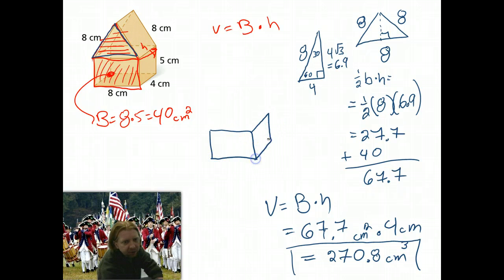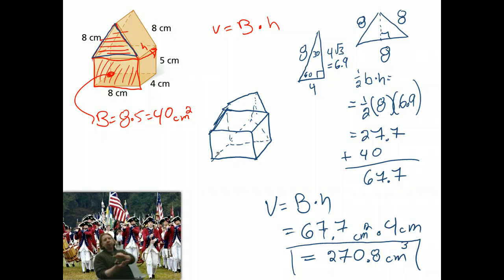I'm taking the house and I'm laying it down so it's flat. And then like that. So now I've got my box, my triangle on the ground, and I'm pulling it up a certain height. Kind of the same concept.